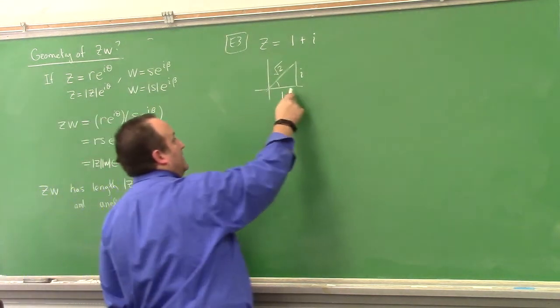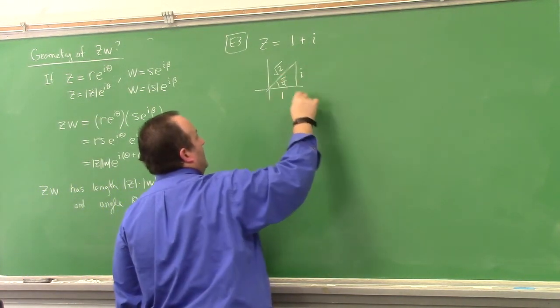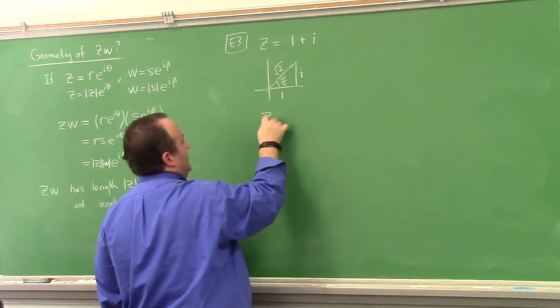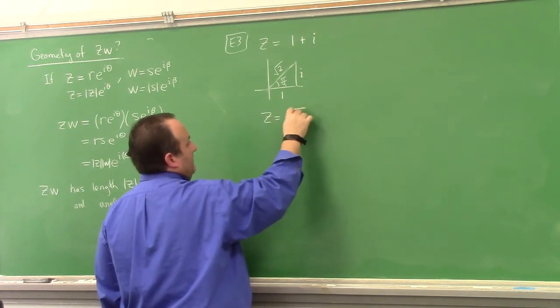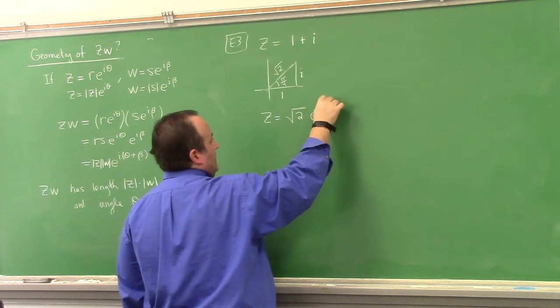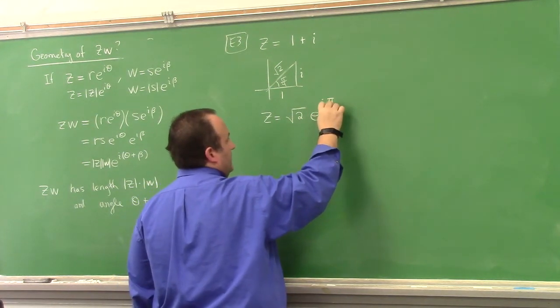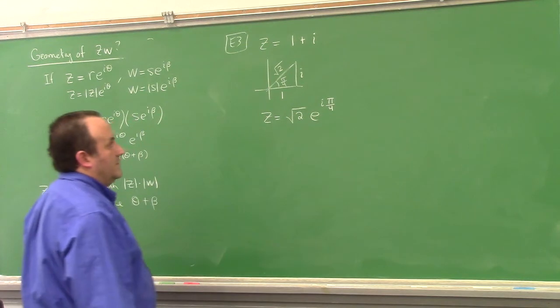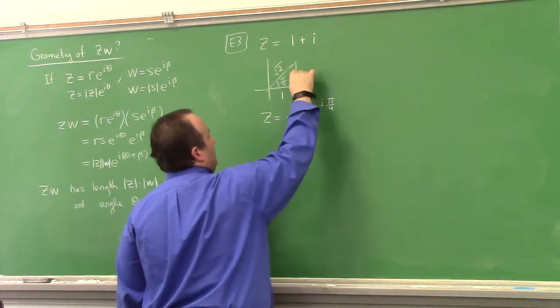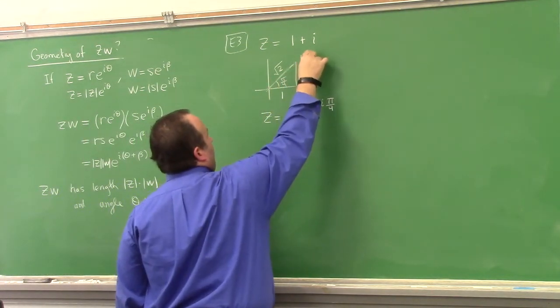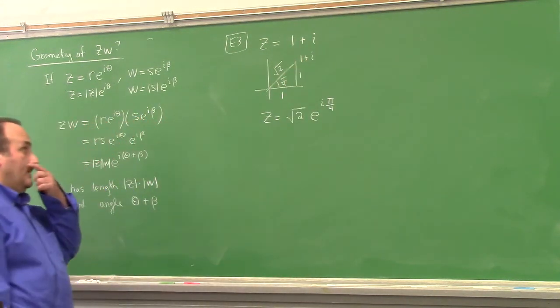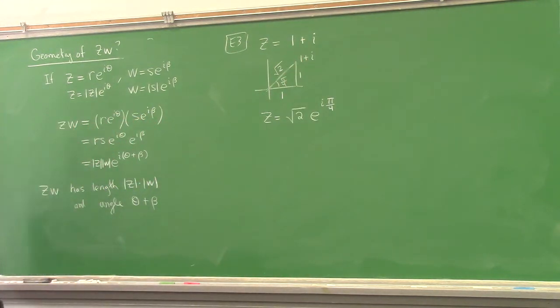And this angle is pi over 4. So the polar form of z is the square root of 2 times e to the I pi over 4.